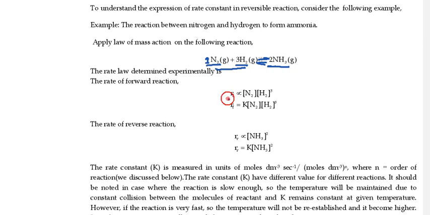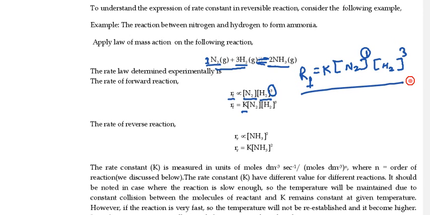So the rate of reaction is proportional to the active mass of 1 mole of nitrogen and 3 moles of hydrogen. You can see this value is shown here. To remove this proportional sign, we add the constant, the rate constant. So it is represented by R forward, K, nitrogen power 1, so no need to show that, and hydrogen power 3, so we show it like this.